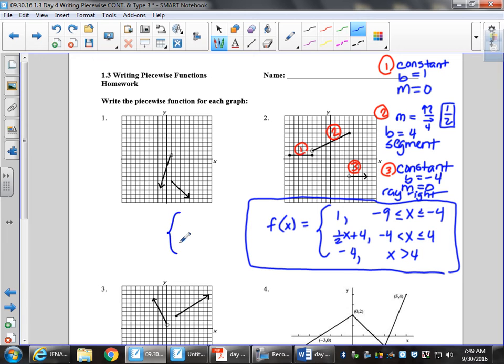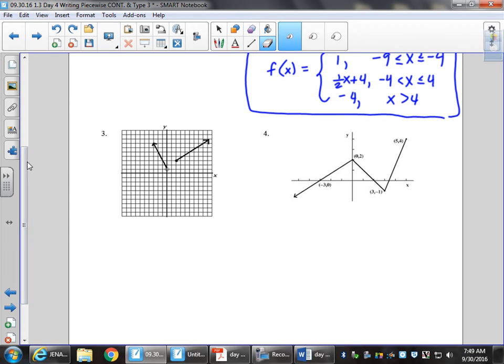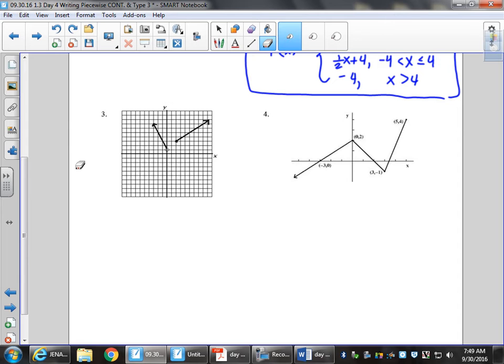So let's say I had 6, comma, x equals 0. What ordered pair would that be? 0, comma 6. And it would just be a solid point at that ordered pair. Good question. Okay, the other vote was for number 4. Okay, let's work on number 4. Olivia, did I answer your question? Yeah. Okay.